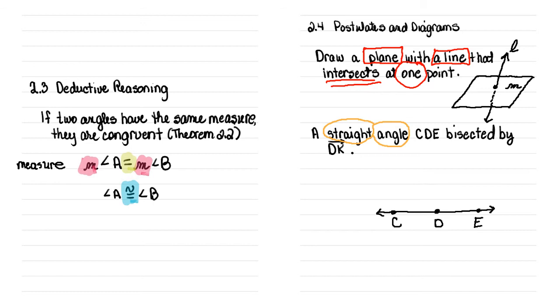Bisect means that we're actually going to cut it equally in half. And because it was a 180-degree angle, cutting it in half means that both sides are going to be 90 degrees. 90 degrees equals a right angle.